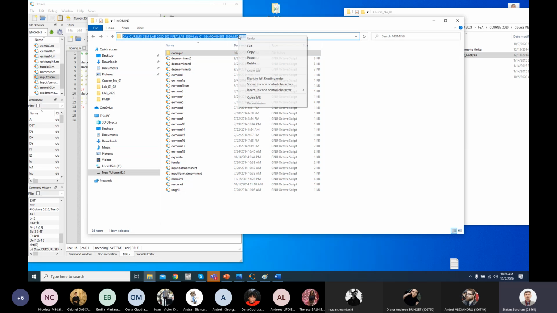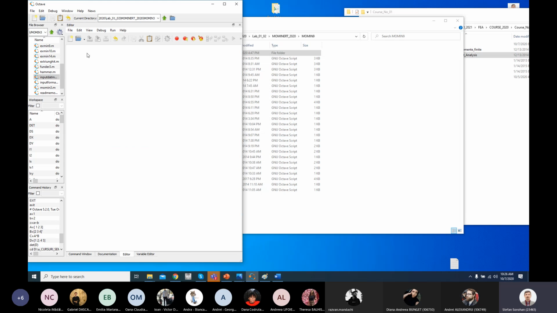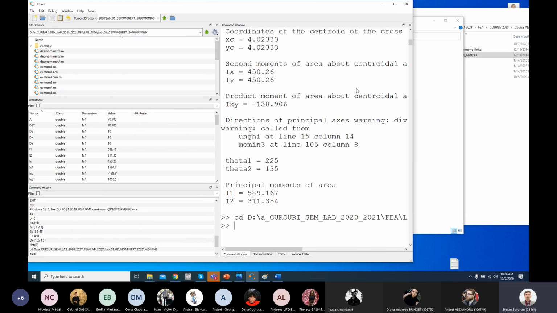So let's change the current directory here, but before I will close all the open files, and cd and Ctrl V. Now, as you can see, the current directory is this one.